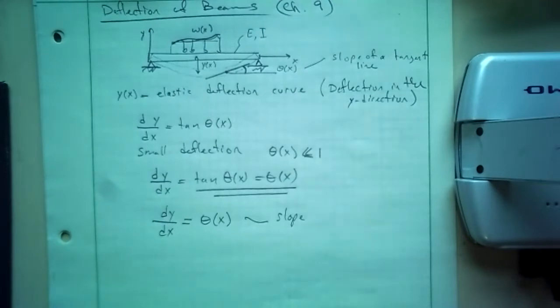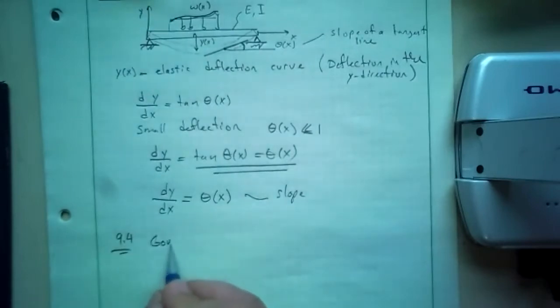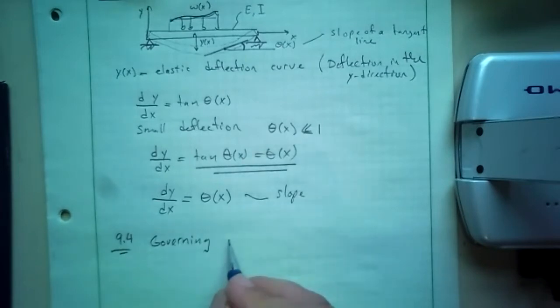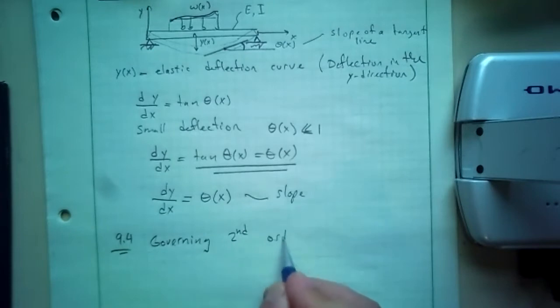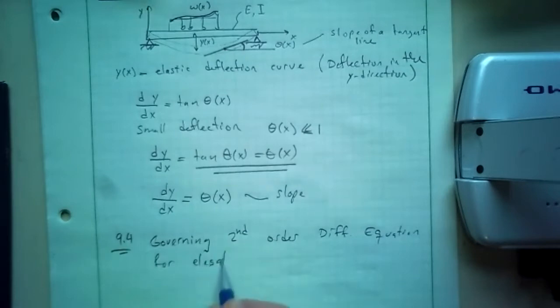So the equation that I want to talk about is this. This is equation 9.4 in your book. This is the governing second-order differential equation for the elastic curve. The derivation is in my notes and in the book, but I'm just going to write it.